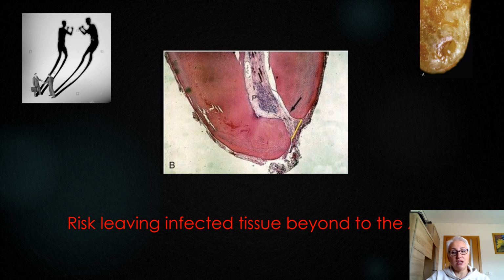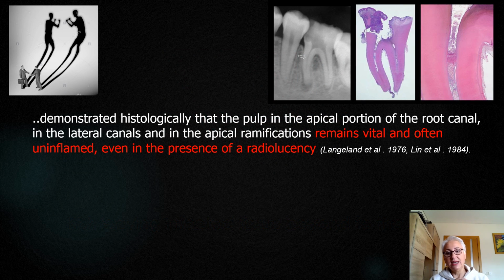Let me present you some studies. The first studies were done at the end of the 20th century, and they demonstrated histologically that the pulp in the apical portion of the root canal, in the lateral canals and the apical ramifications, remains vital and often uninflamed, even in the presence of radiolucency.